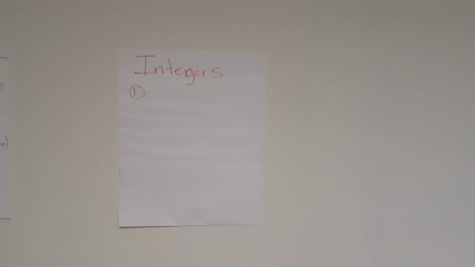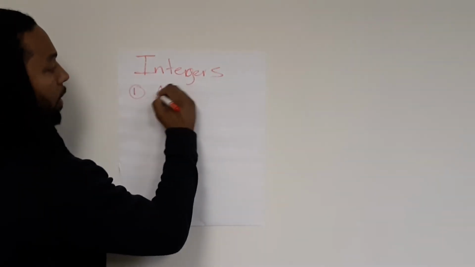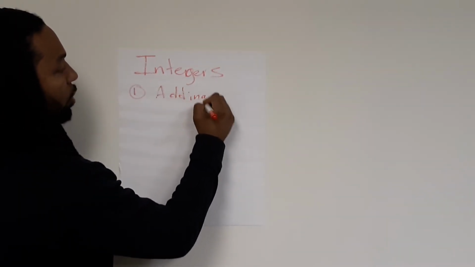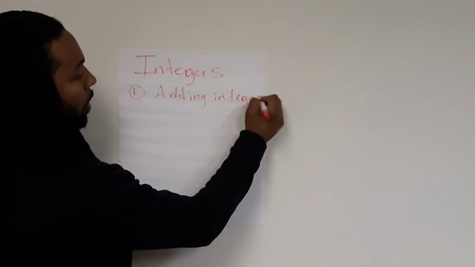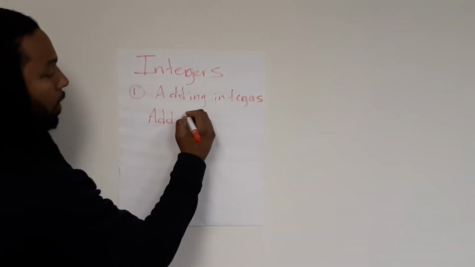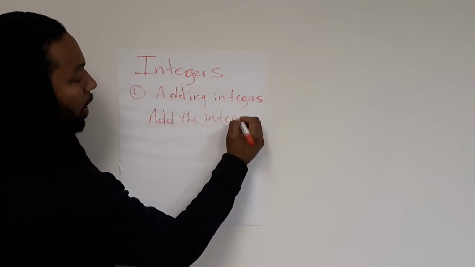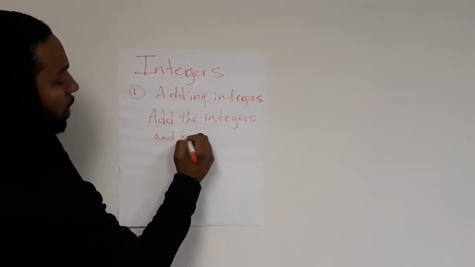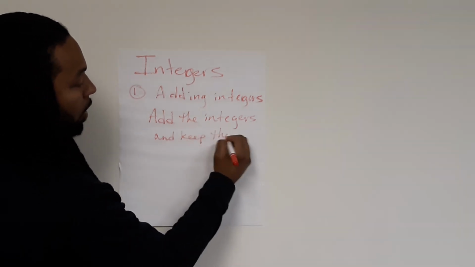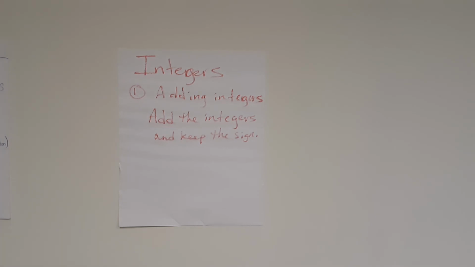If I'm adding integers, all I do is add the integers and keep the sign. So what do I mean? Let's say I have, this doesn't matter whether it's positive or negative.